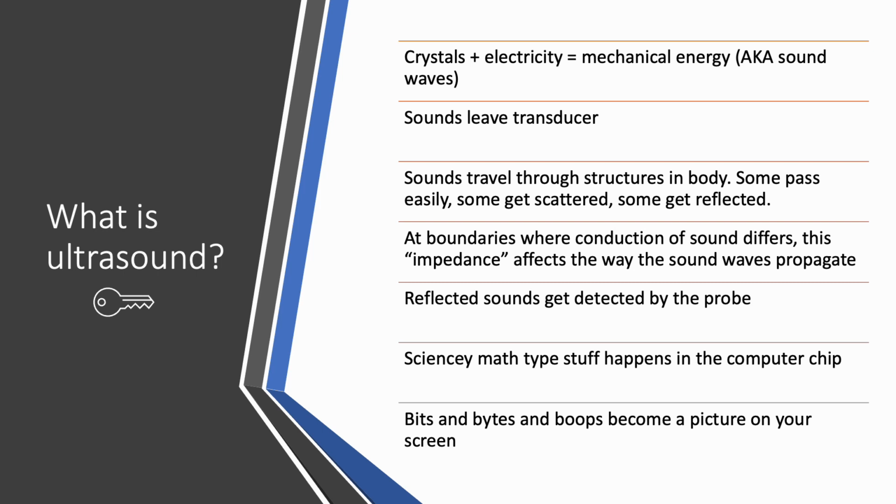Those reflected sounds get detected by the probe, and then a whole bunch of math and science stuff happens in the computer so that an image can be generated. Understanding each of these will later on help us understand how to troubleshoot when we're not getting the image that we're trying to get or something funky is happening on the screen.